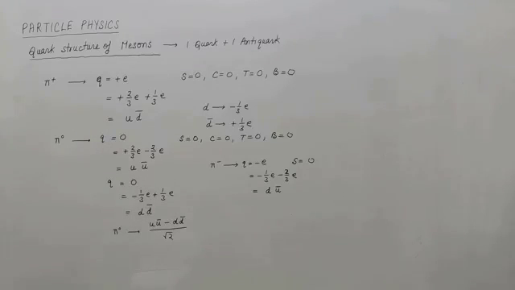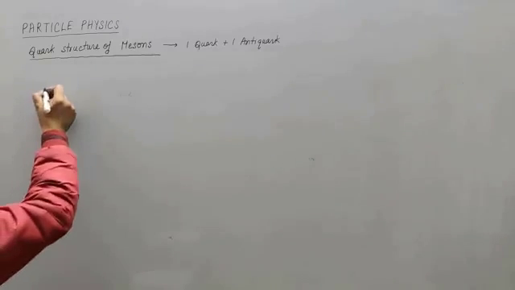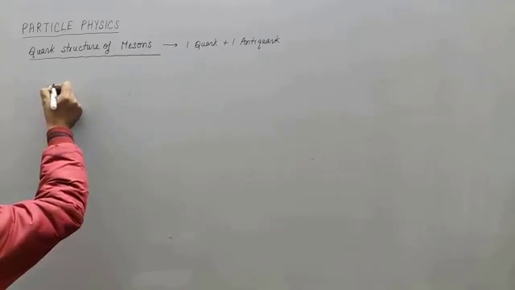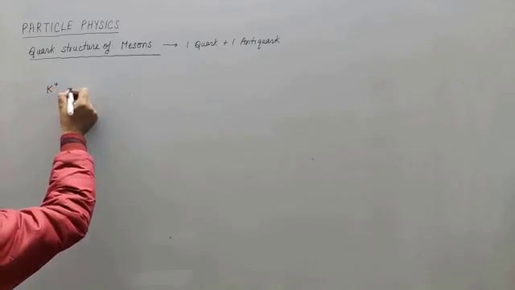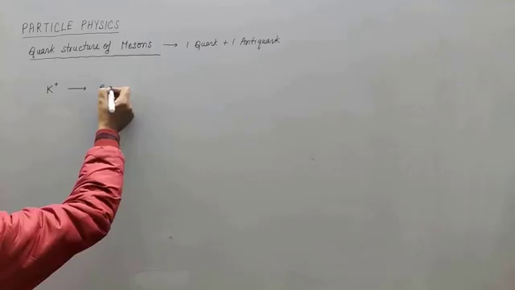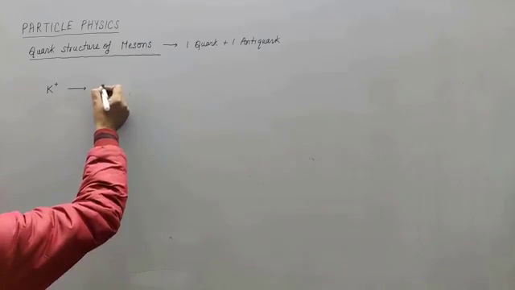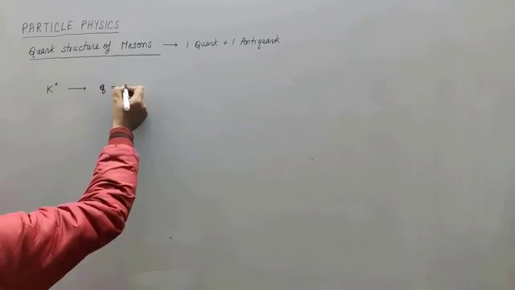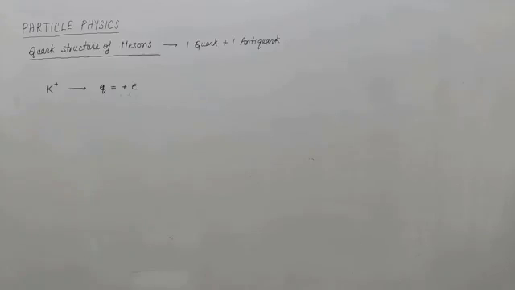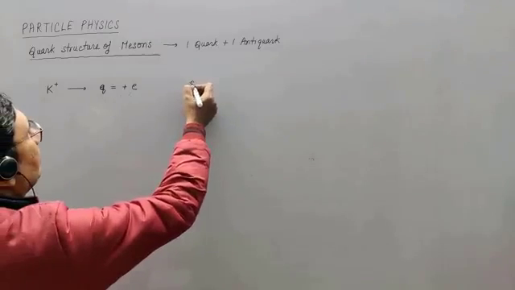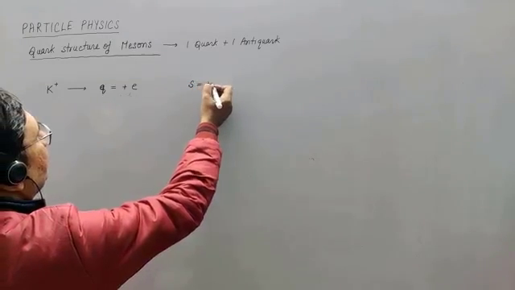Now come to K plus. Total charge Q is equal to plus E. What is the strangeness number of K plus? That is plus 1. S is equal to plus 1.